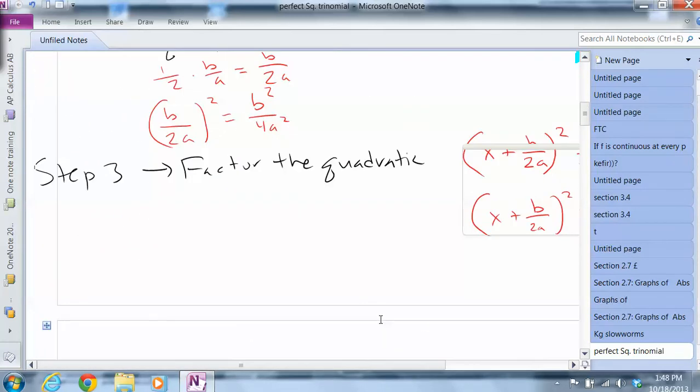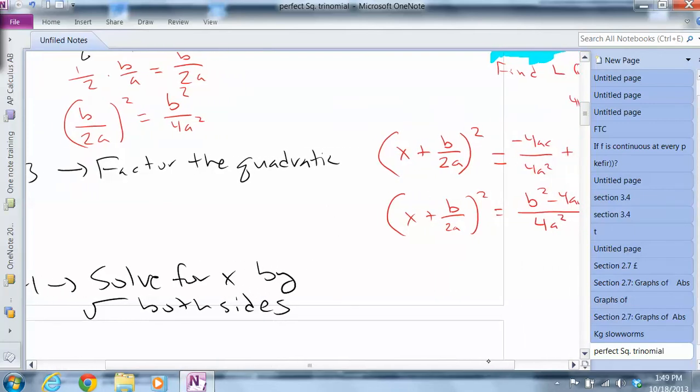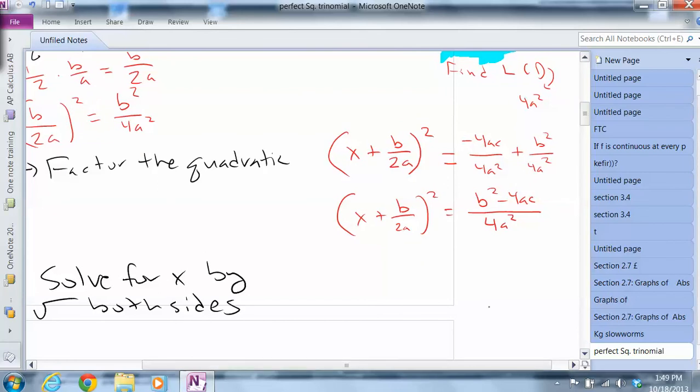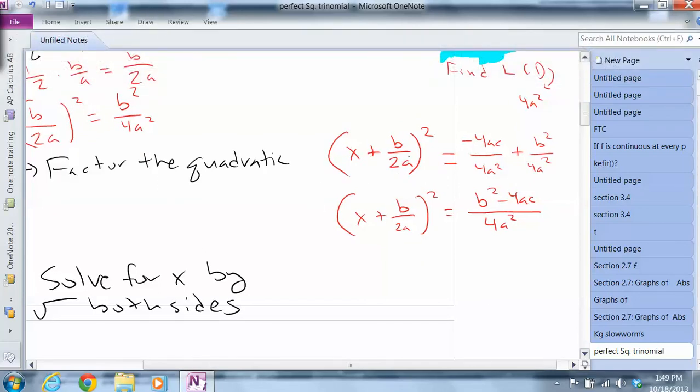So step 4, and hopefully you can kind of see how this will get us the quadratic formula. Solve for x by square rooting both sides. If I were to square root both sides, what's going to happen?